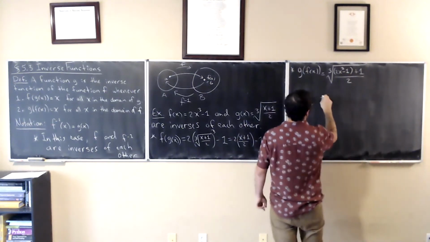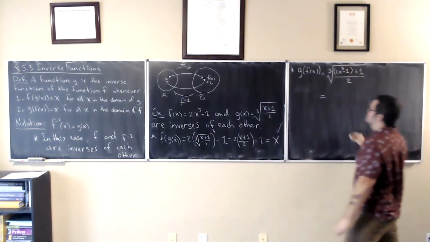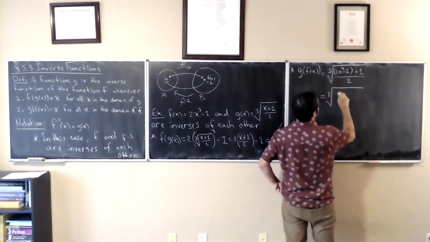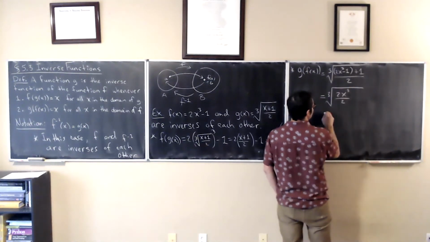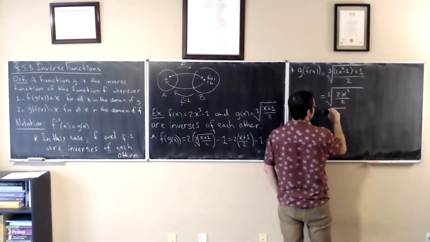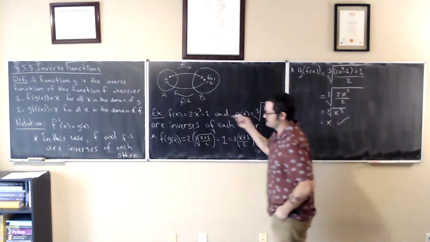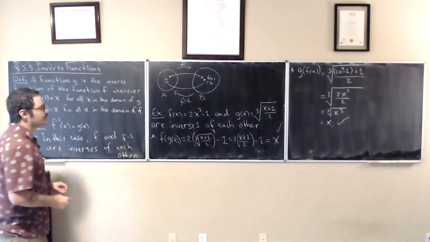So what does this become? So we have 2x cubed minus 1 plus 1. So this would be the cube root of 2x cubed over 2, which is the cube root of x cubed, which is just x. All right, so that's just verifying that f and g are indeed inverses of each other.